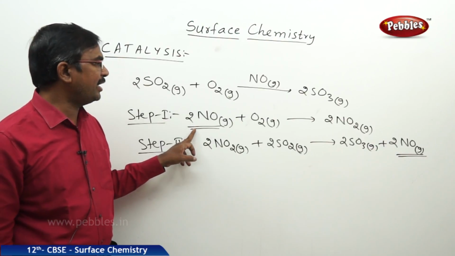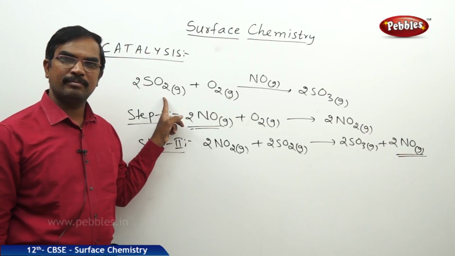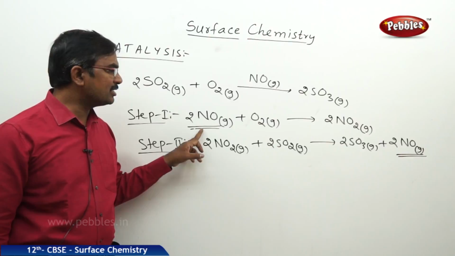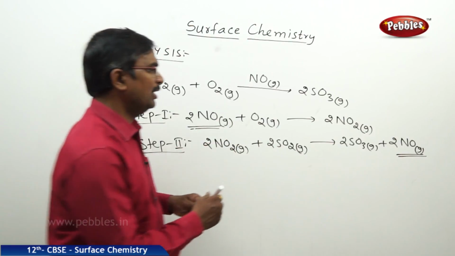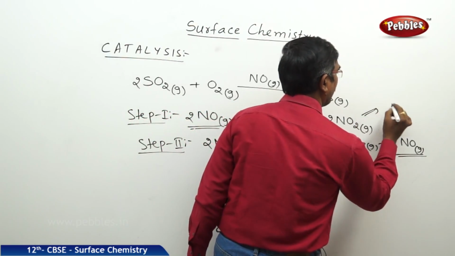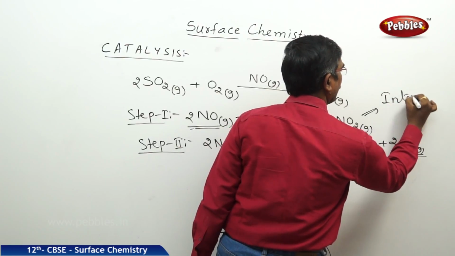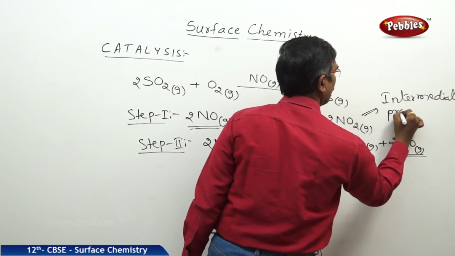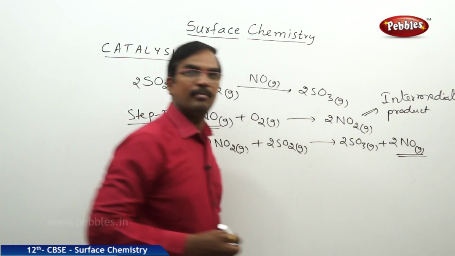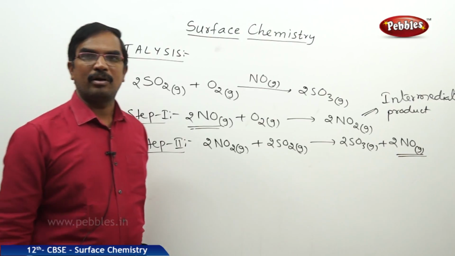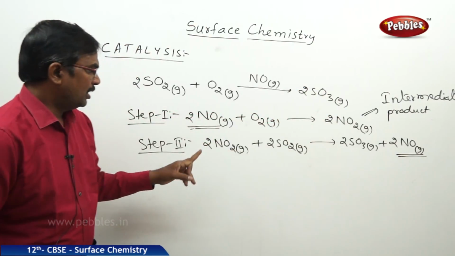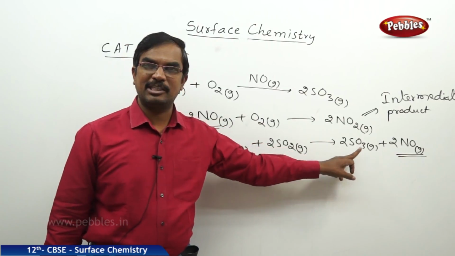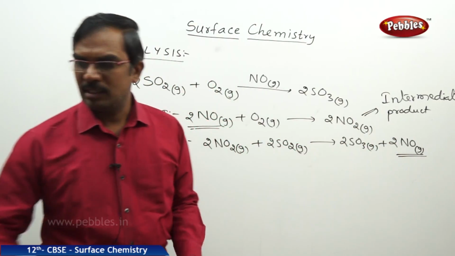Now this catalyst is reacting with one of the reactants to give the intermediate product. So in this example, the nitric oxide is reacting with oxygen gas to give this intermediate product. Now this intermediate product is reacting with the remaining reactants to give the actual product, which is SO3, and the catalyst is released here.